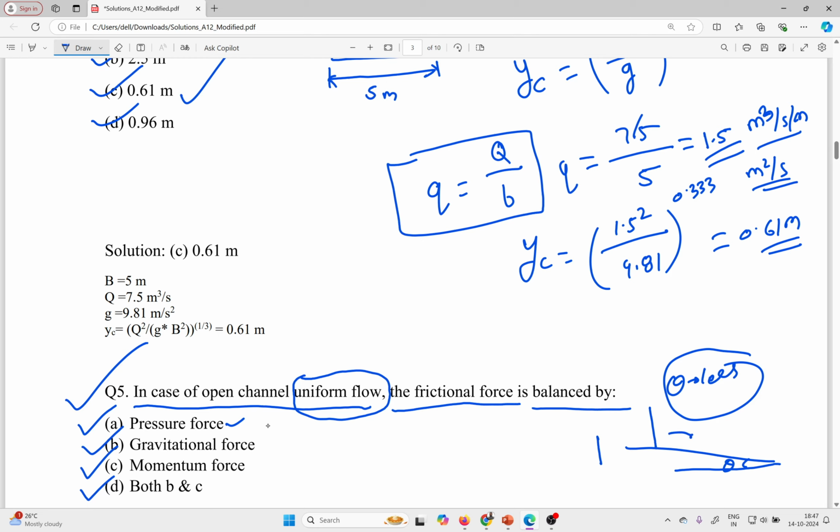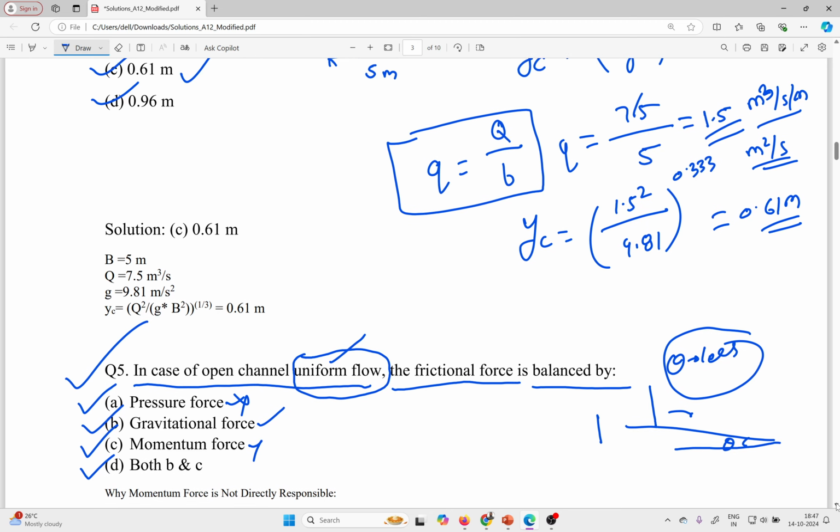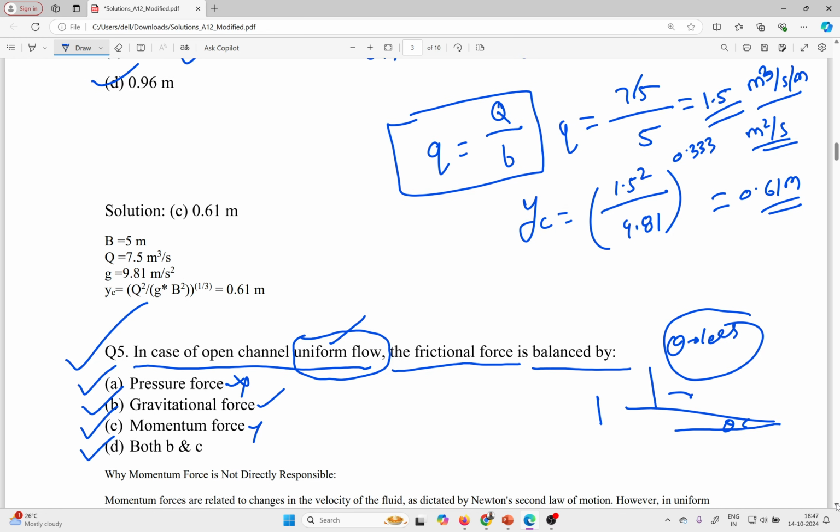So that's why it is neglected. Now the momentum force. Here the flow is uniform, so we cannot apply the momentum equation here. So only the gravitational force remains to be considered in the case of open channel uniform flow.